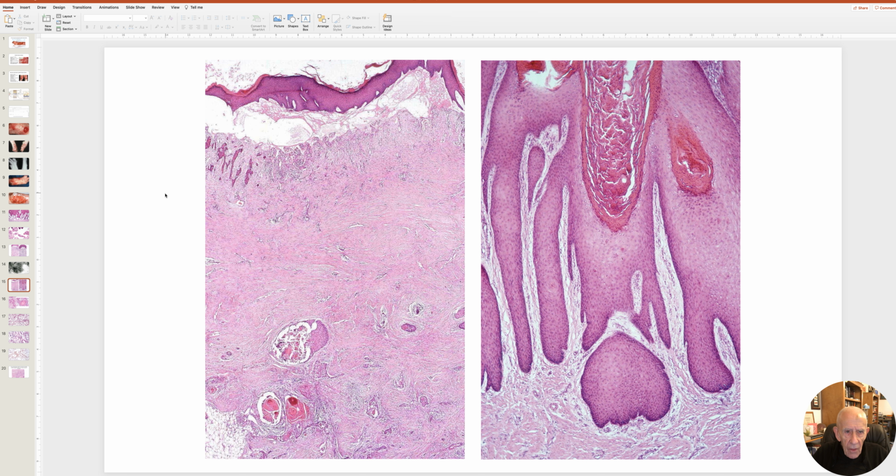And this is a typical tumor. The tumors are nearly all well differentiated squamous cell carcinomas, which in a non-EB patient would not be such a problem. But for some reason, and I really can't get into that, it gets way too complicated and is beyond the scope of this talk.